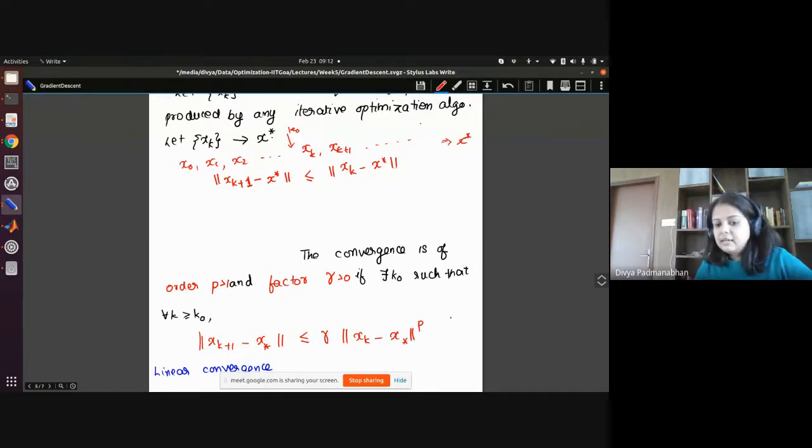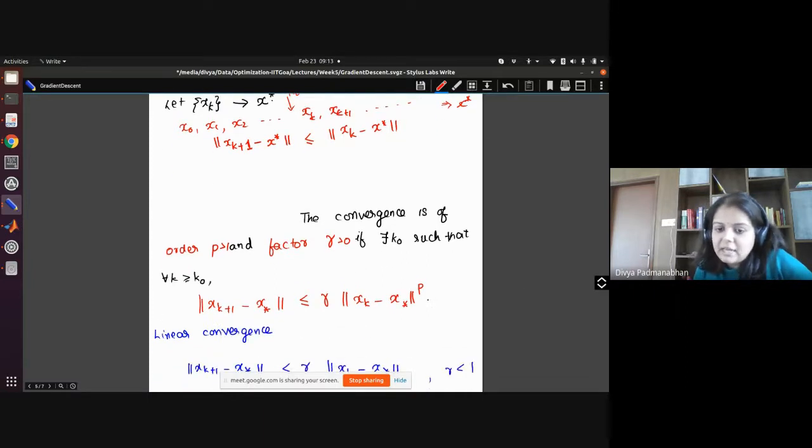So in general, if p is large, say if p is 2, then in the next step the distance that you have from x star, you are improving by a square of what you had in the previous step. Okay, so that is better. If you became better by the cube of what you had in the previous step, that was even better, right? So this is kind of the idea behind these rates of convergence.